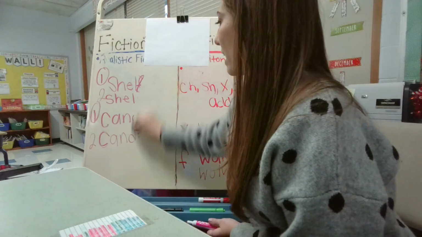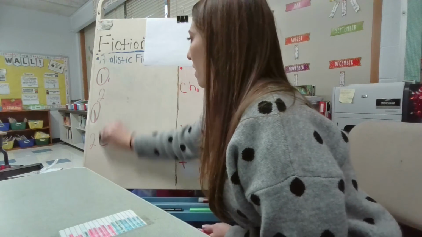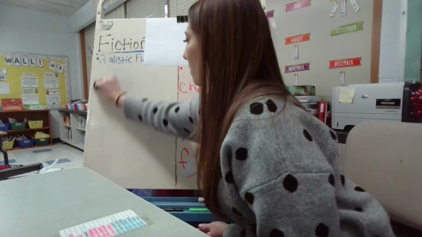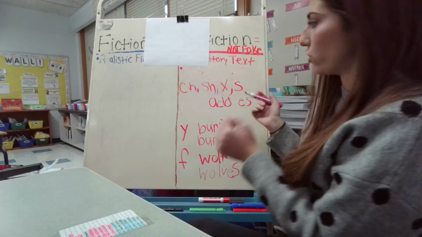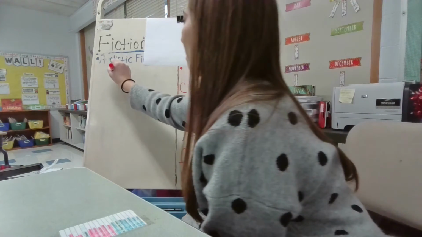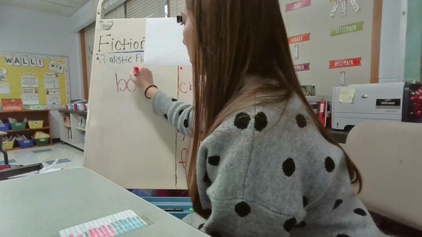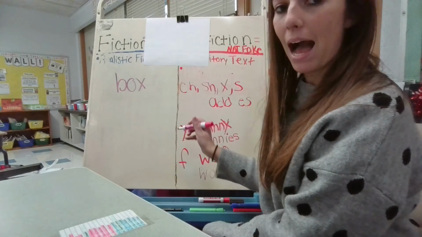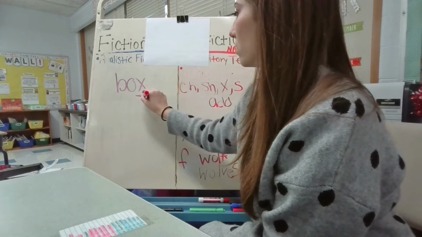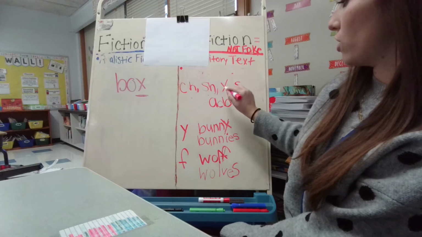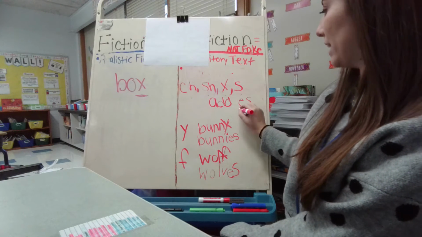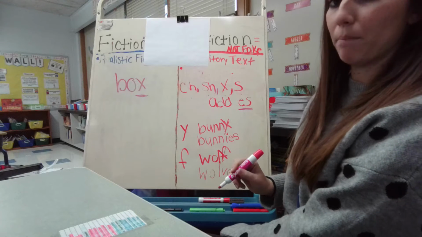Let's now practice with words that might end in X or SH, like the word box. Box ends in an X. When my word ends in CH, SH, X, or S, I add ES to make it plural.